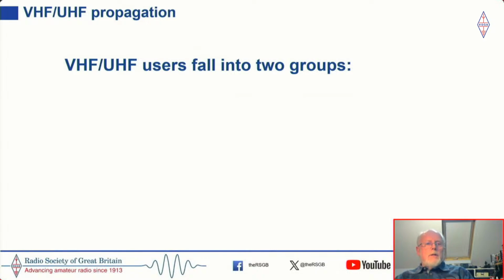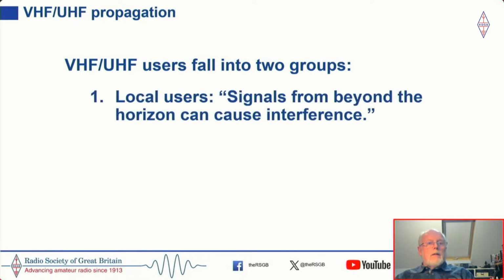Yeah, it's worth noticing as well that VHF and UHF users fall into 2 groups. To the people I'm calling local users, short-range users, signals from beyond the horizon can cause interference, so they're not really keen on that.